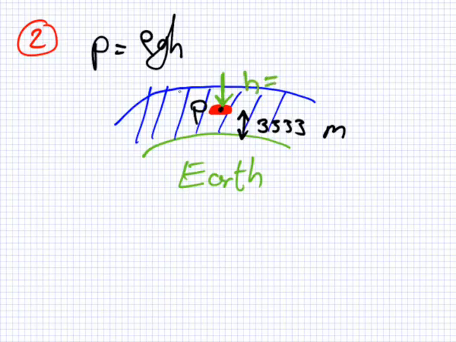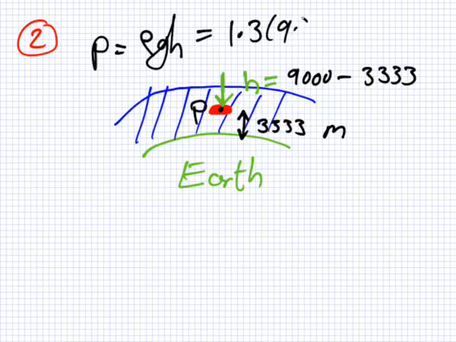So the pressure at this point, what's the formula for pressure? Rho g h. This is the one I meant to use. Do you know the g here? Yes, of course. Do you know the density of air? Yeah, I gave it to you already. It's like 1.3 or something like this, isn't it? Do you know the height?